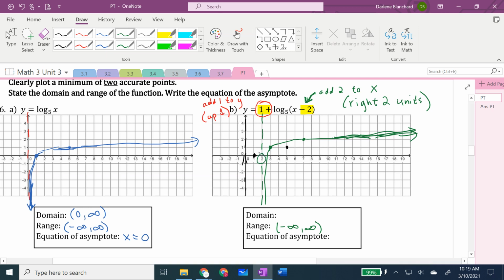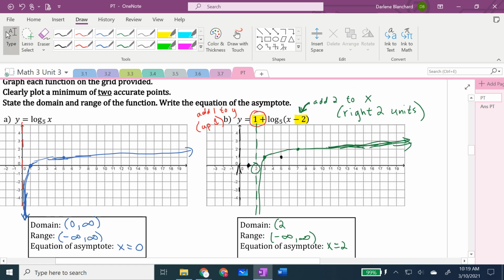So you look at where that asymptote is. That asymptote is at x equals 2. The domain begins, not including 2, but for real numbers that start after 2 and go to infinity.